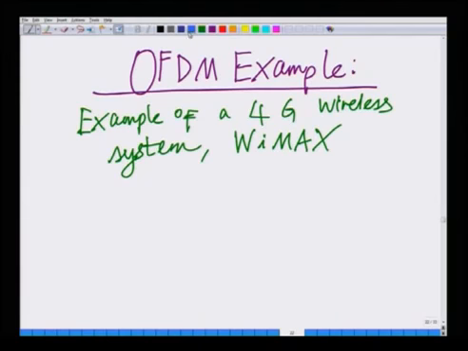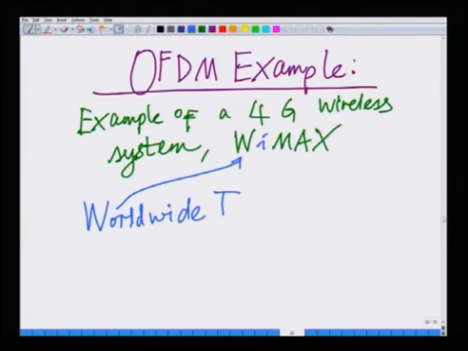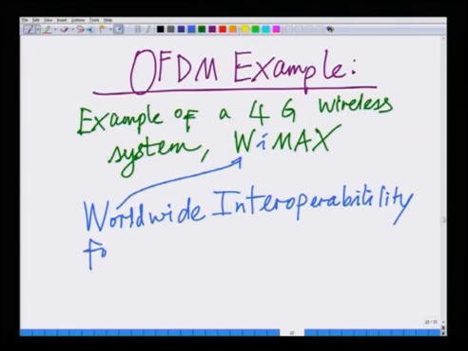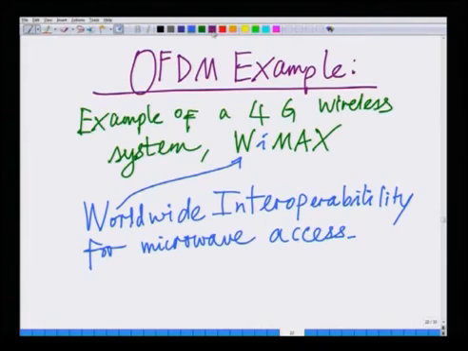WiMAX stands for Worldwide Interoperability for Microwave Access. As we already mentioned, and it goes without saying, 4G systems are based on OFDM.